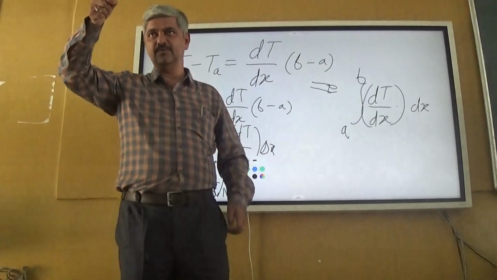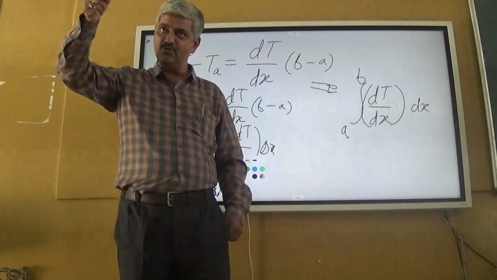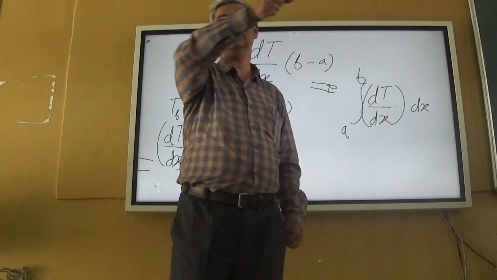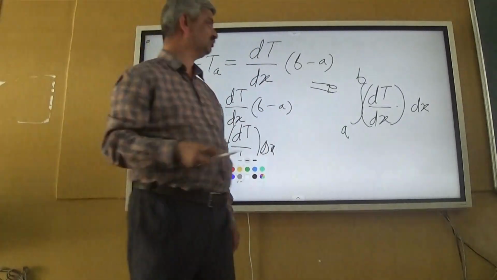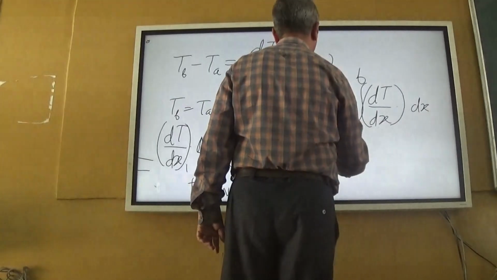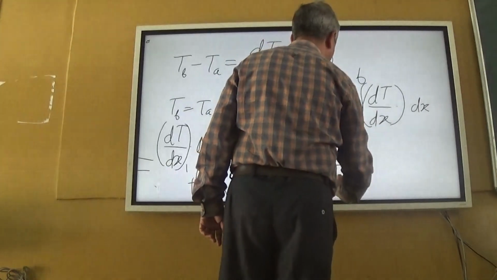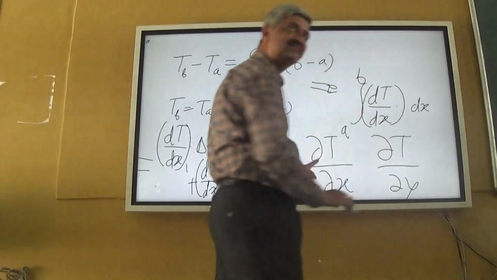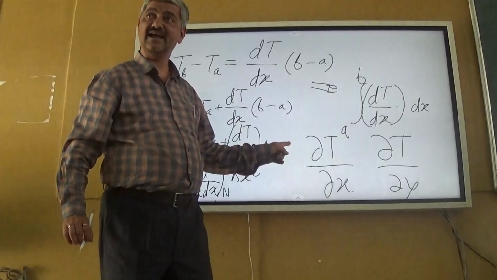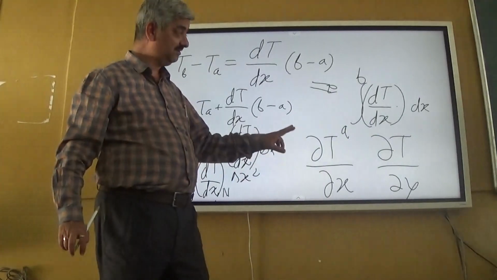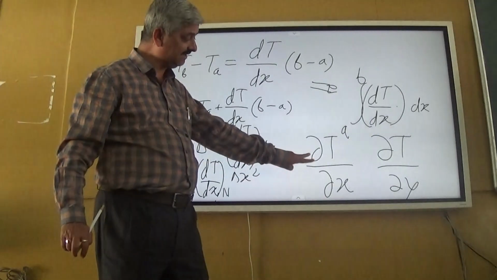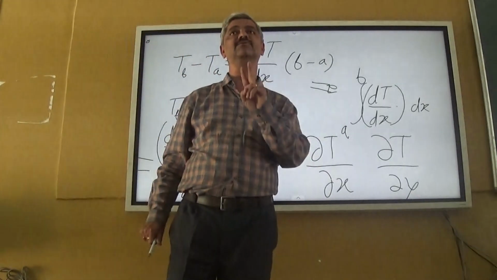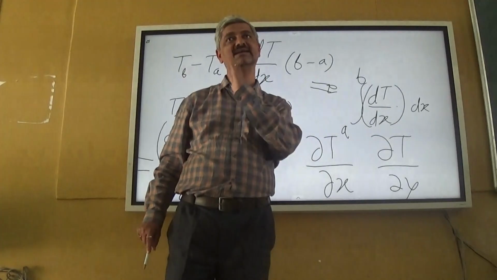You move from a point in the x direction, and you can move in the y direction also. So you will find delta t by delta x and delta t by delta y, right? So delta t by delta x is the derivative or temperature gradient in the x direction.